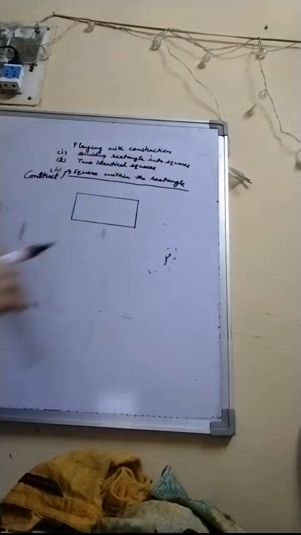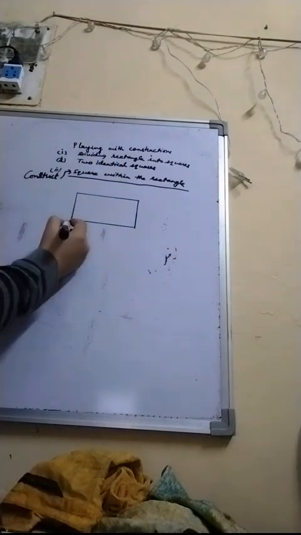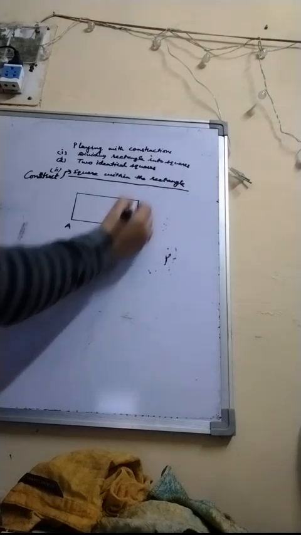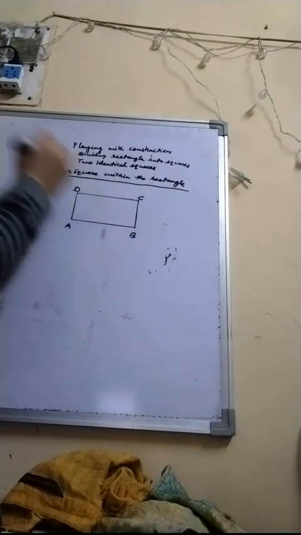So in this way you get the rectangle. Now you have to draw a square within this rectangle.